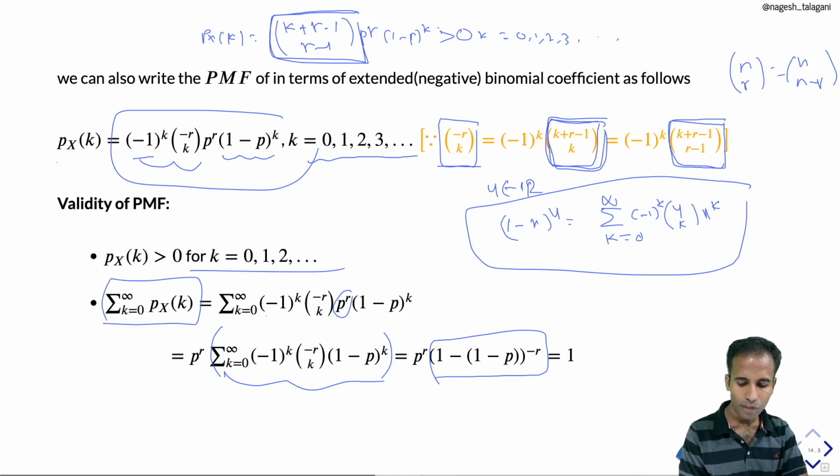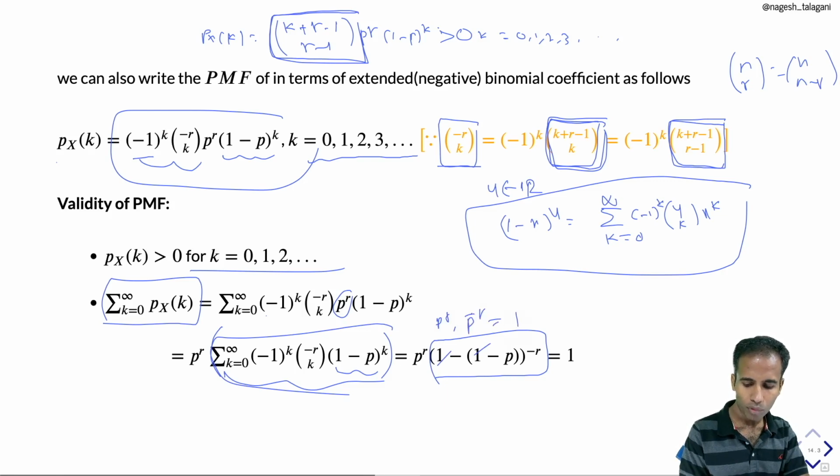Here, the role of x is played by 1-p and the role of u by -r. So that's why this summation we can write as (1-(1-p)) to the power of -r. Here 1 cancels. So it's going to be p^r times p^(-r), so it's going to be 1. Fine. So this is a valid PMF.